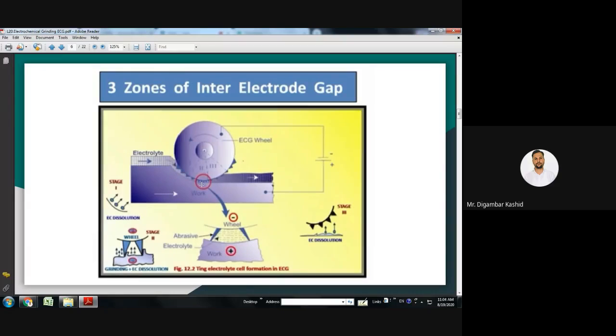So here three different zones are there in the case of this inter-electrode gap. Zone one, you can see here, I have shown separately. Zone one, then zone two or stage two, and stage three.